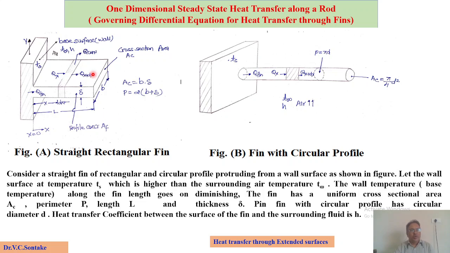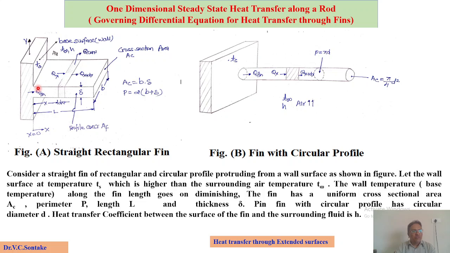The fin in both the cases has a uniform cross-sectional area Ac, perimeter P, length L, and thickness delta if it is of rectangular cross-section.